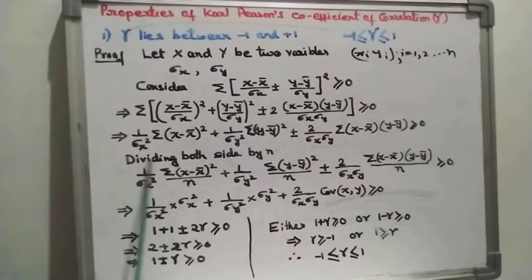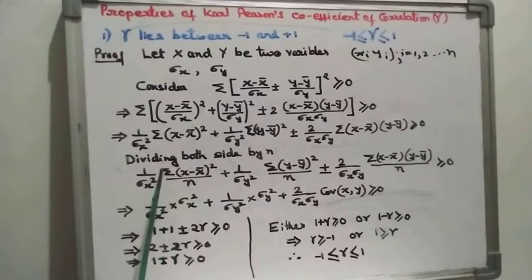Now dividing both sides by n, we write n here, here and here. The first terms stay the same, and here we divide by n.